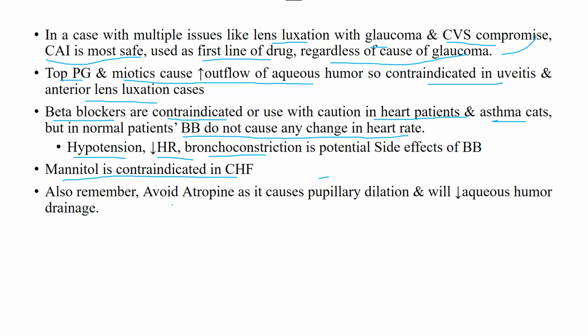So because of those indications, atropine is used in eye diseases. But you should never use atropine in glaucoma, because atropine causes pupillary dilation, and it will decrease the aqueous humor drainage. We want the reverse to happen, so avoid atropine use in glaucoma cases.